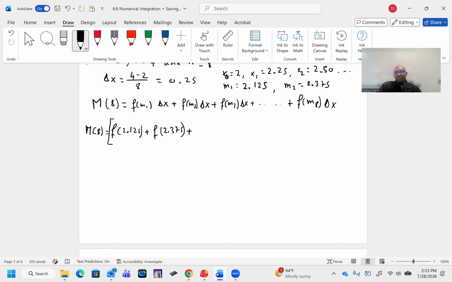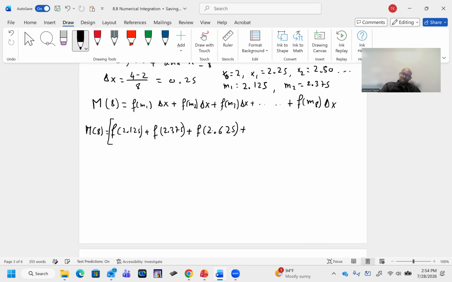X3 will be 2.75, right? 2.5 plus 2.75 divided by 2, and then so on up to the last one. M3 is between 2.5 and 2.75, right? So that would give me f of 2.625.